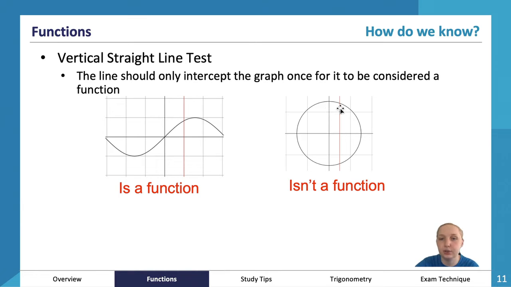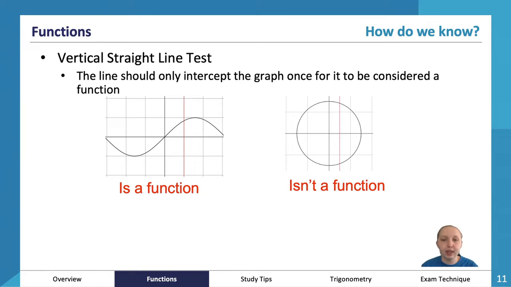Like this circle here, we've drawn the straight line down at this random point, and we can see that it intersects the graph twice. So essentially what this represents is that the graph has two y coordinates for this specific x point, because when we draw a straight line, we are essentially drawing an equation, a line with the equation x equals something.